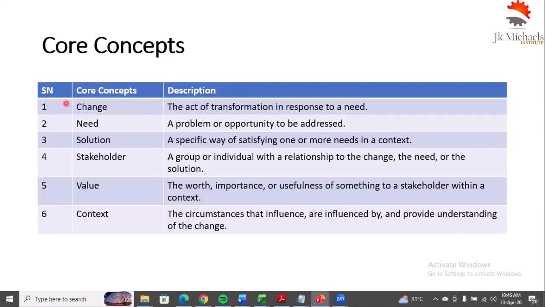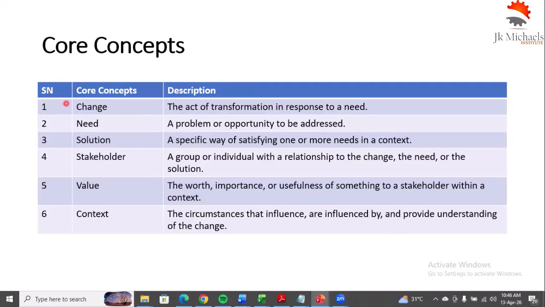Now, value is the worth or the importance or the usefulness of something to a solution, to a stakeholder within a context. So a solution is supposed to provide some form of value. Documents that are used, the inputs, the outputs, the business analysis plan, and organizational assets are supposed to come together to provide value to stakeholders.